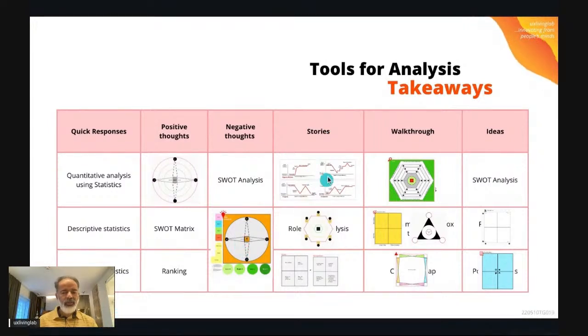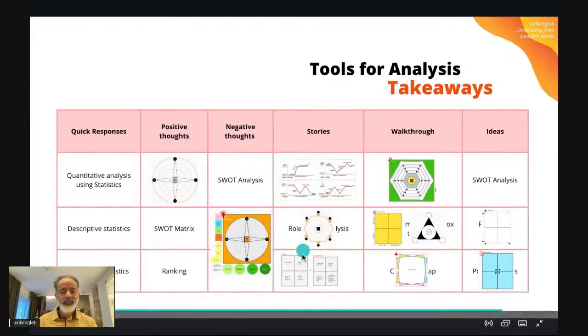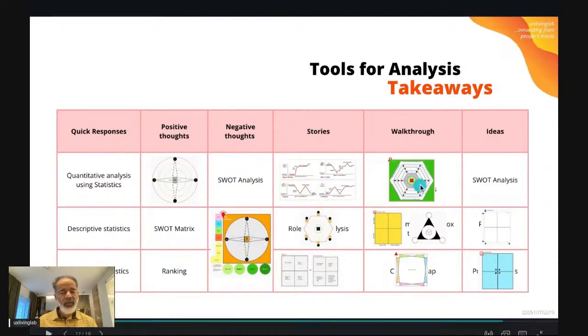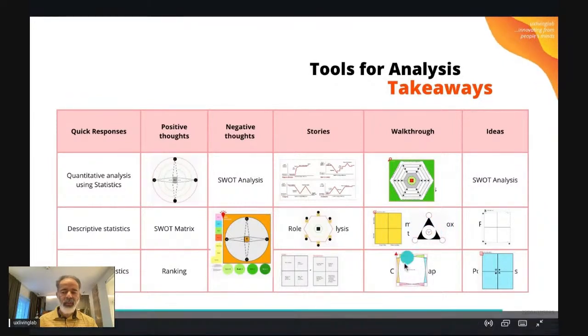Then story mapping, role player analysis, then perspectives. This is a way to analyze stories. These are tools for analyzing the stories. Then walkthroughs using the magnifying lens, then confusion metrics, then paradox test, then challenge map.